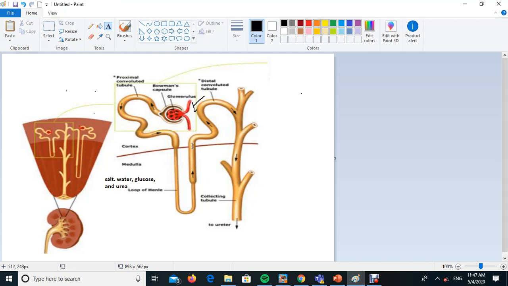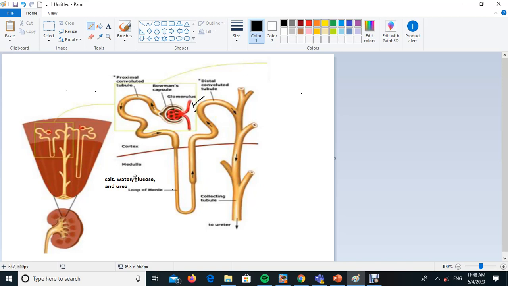Now, what happens next? Once they go to the loop of Henle, here we have reabsorption. Not all of these materials are excreted as urine, otherwise we would get dehydrated. If all of the water goes out in the urine, then we get dehydrated.